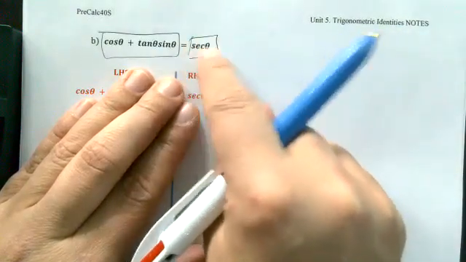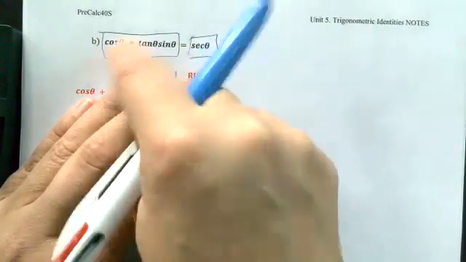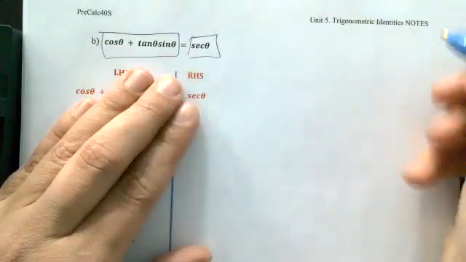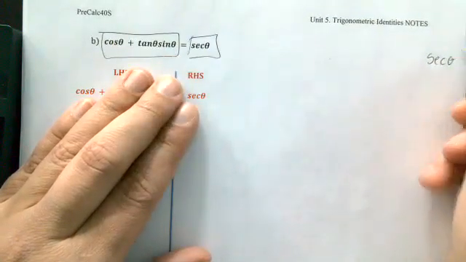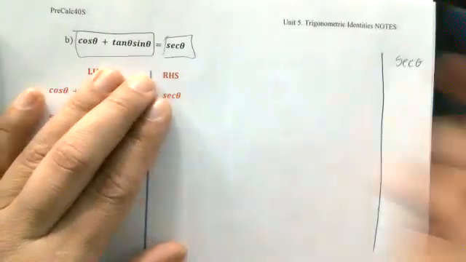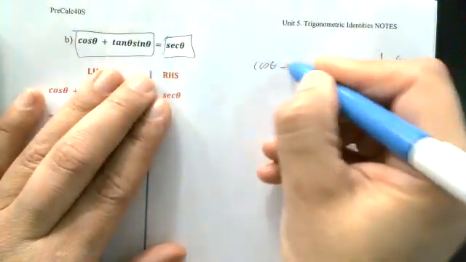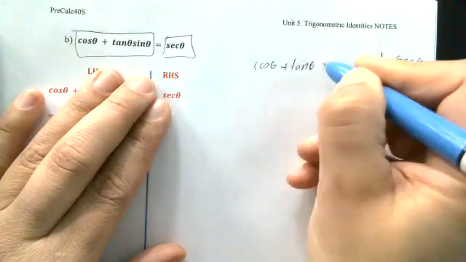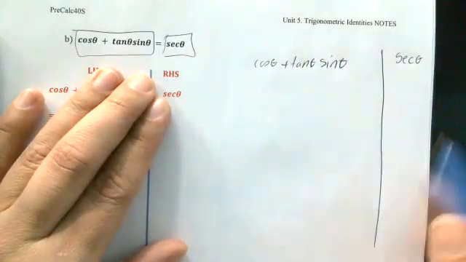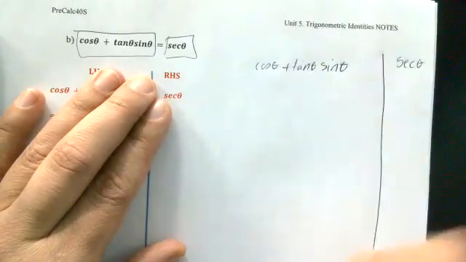So I'm going to leave less room for secant, because I'm going to work on the left-hand side because it looks more complex, so I can simplify that a little bit better. So secant of theta stays on the right, and cos of theta plus tangent of theta times sine of theta stays on the left.